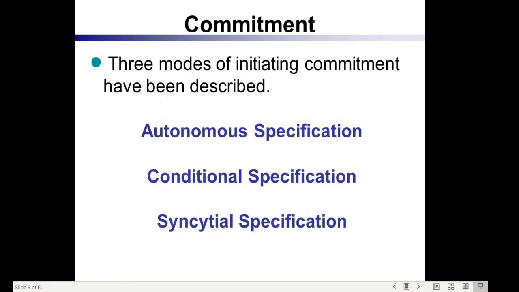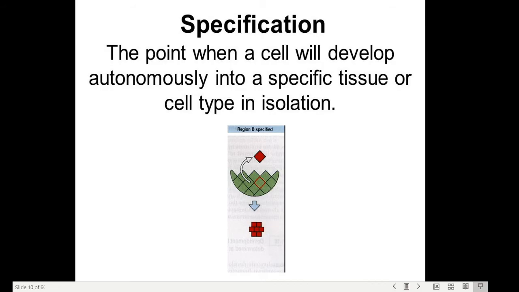In this commitment, we have 3 different specifications: autonomous specification, conditional specification, and syncytial specification. Okay, what is autonomous specification? The cell develops autonomously into cell-specific tissues.